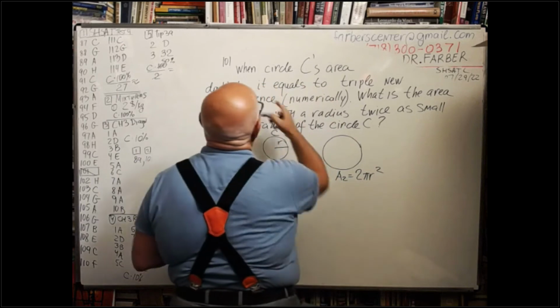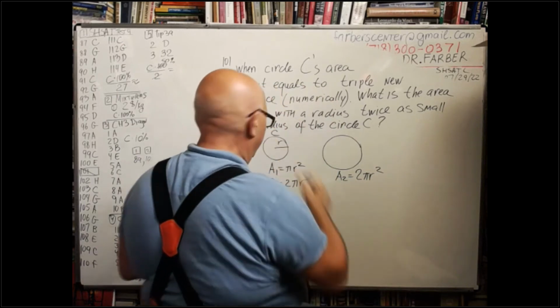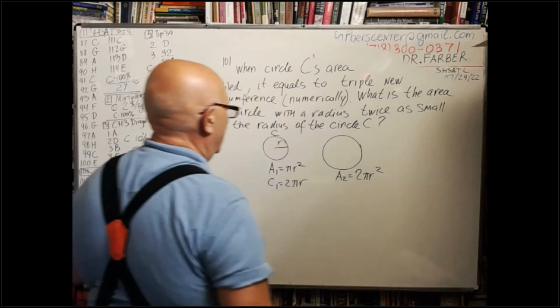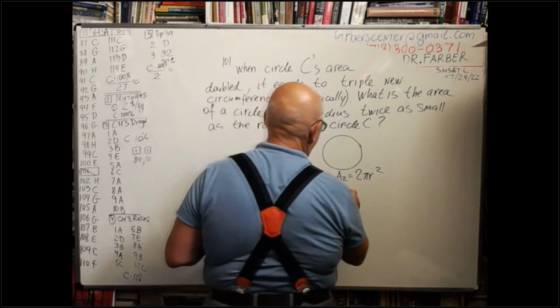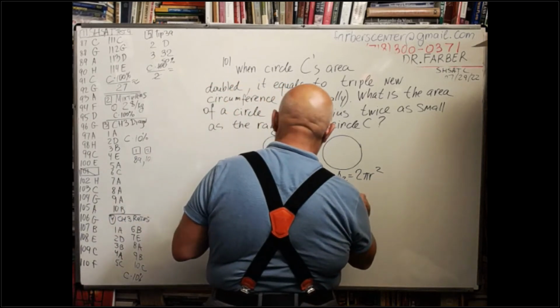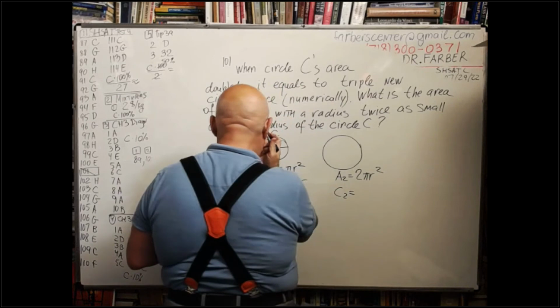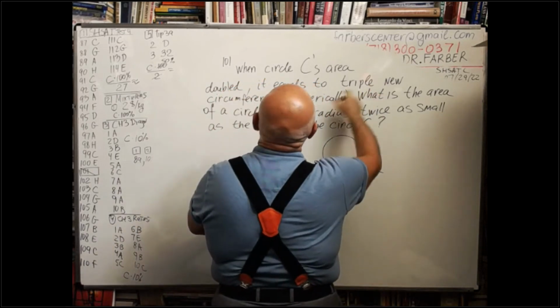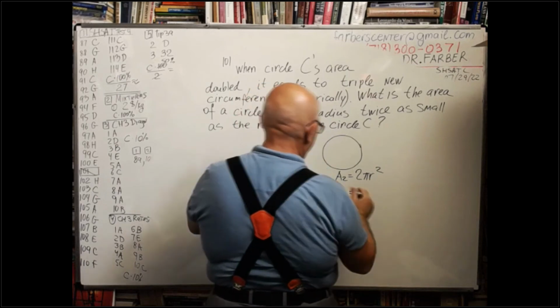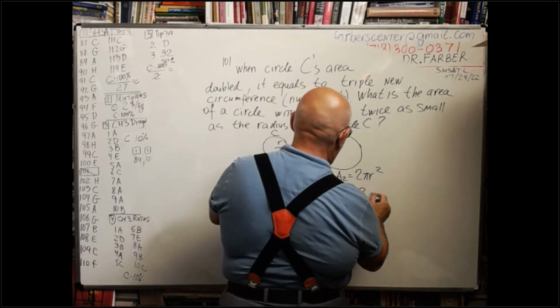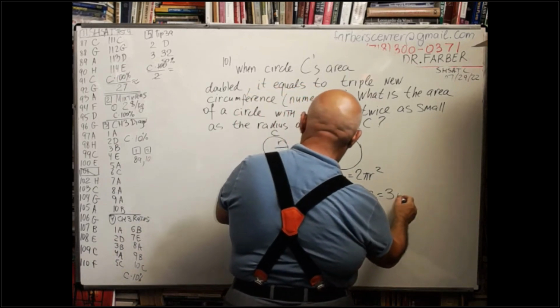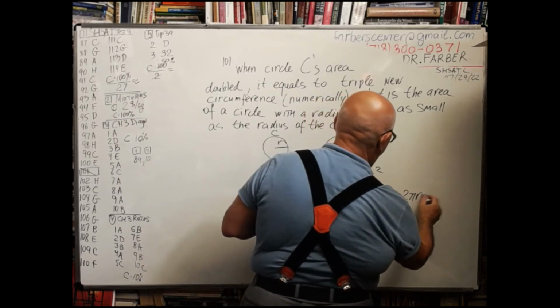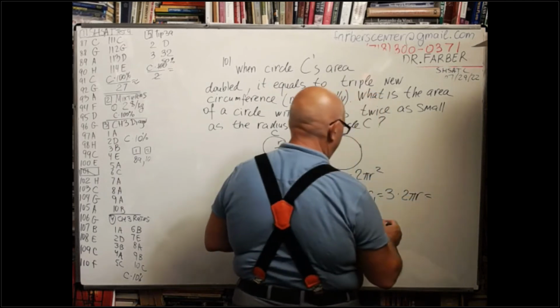Because it's double. What is circumference 2? Circumference 2 would be 3 times bigger than this circumference, 3 C1, or 3 times 2 pi r, which would be 6 pi r.